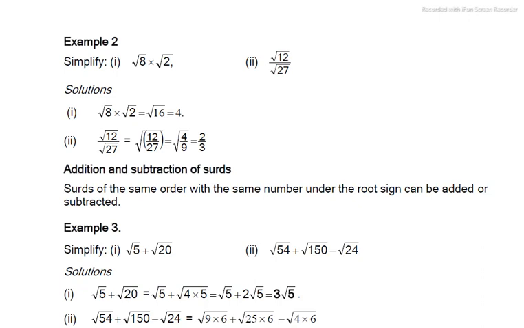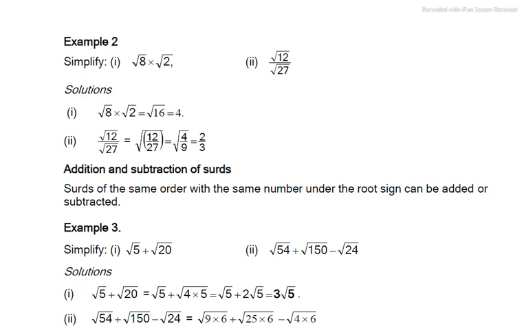Now, if you want to add or subtract surds, one, you must keep in mind that we only add or subtract surds if and only if the numbers under the roots are the same.